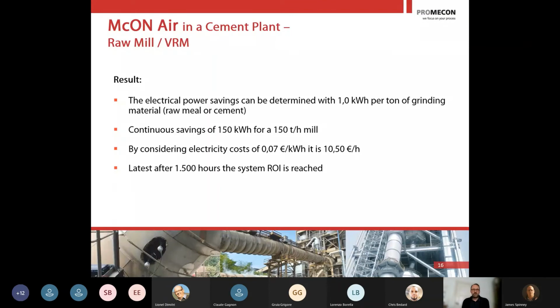This calculation is in euros, at 7 cent per kilowatt hour, it's about 10 euros per hour. So the ROI can be achieved within, let's say, several thousand hours easily, if you're putting it correctly into your grinding control of your mill.